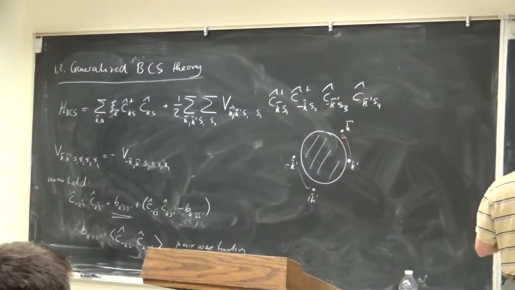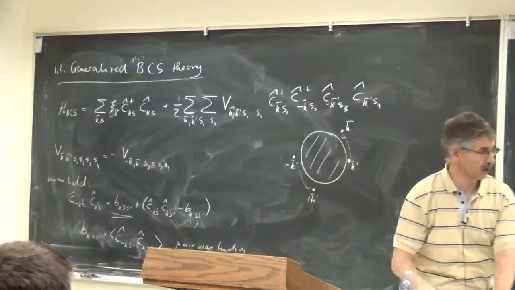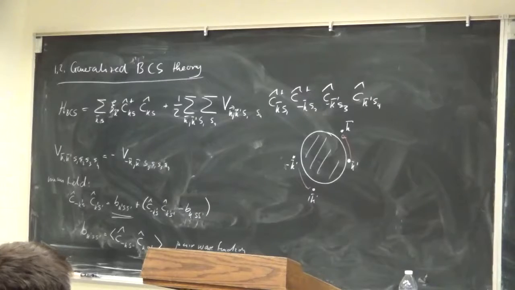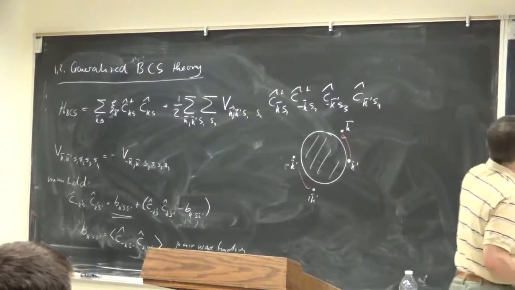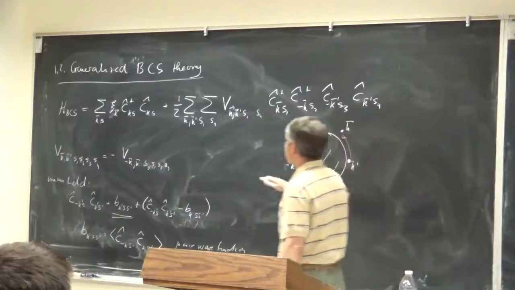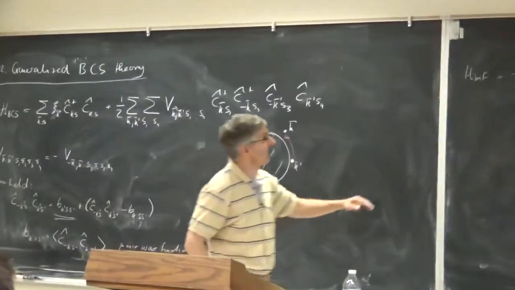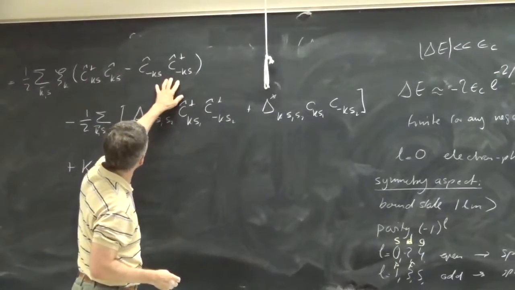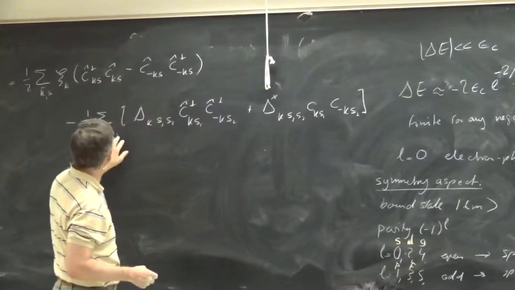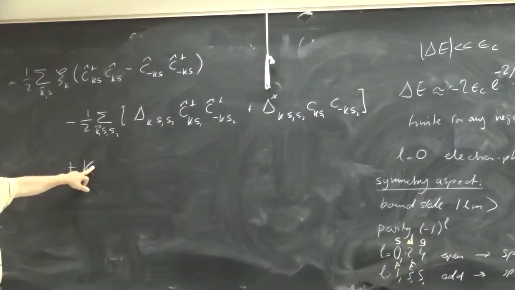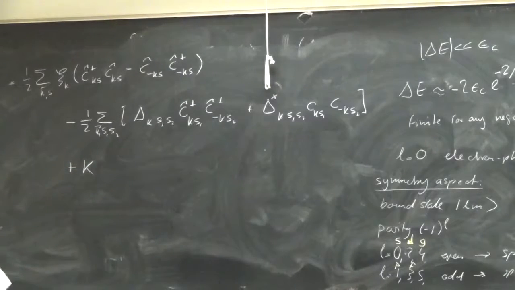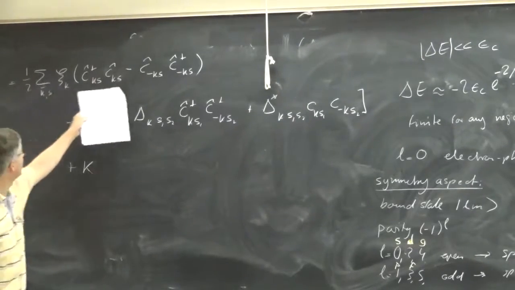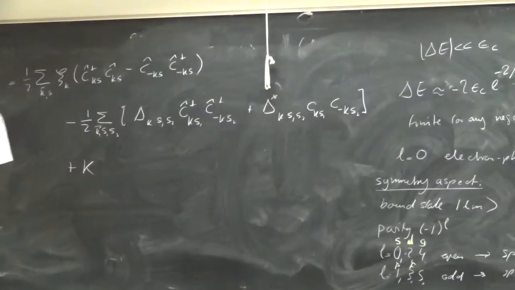Plus term k. So now what I have done is I have doubled this term. I take a 1/2. The first term still looks like the kinetic energy which I have here. And for the second term, for practical purposes, we will see this tomorrow, I turn it into the language of holes, so I exchange it to operators. And so then I will have here a constant taking care of the remaining term which shows up when I do this procedure. But this is essentially, up to a constant, the same as the kinetic energy.